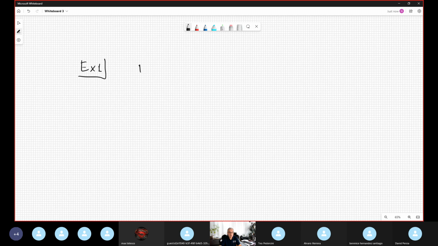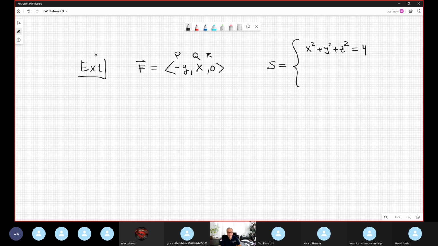We have a vector field, minus y, comma x, comma 0, that is P, Q, R. And the surface S is a sphere, x squared plus y squared plus z squared equals 4, and z is greater than or equal to 0.